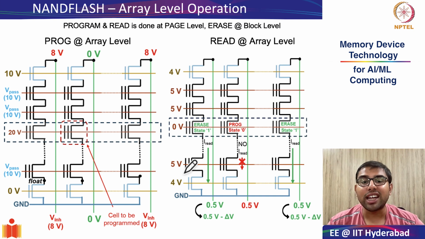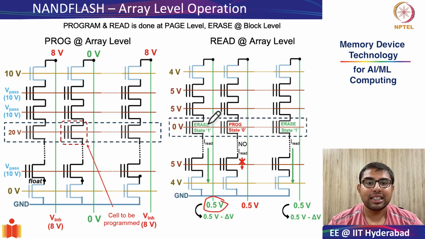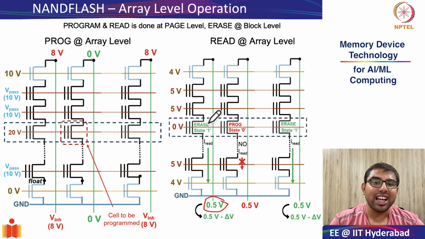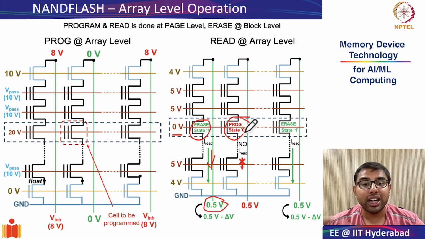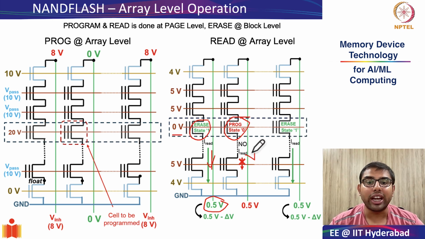How was the read finally done? All the bit lines were pre-charged to a small read voltage, and depending on whether the cells of the page where you have applied the appropriate read voltage are in erase state or in program state, there was either a read current if it is in erase state, because the transistor is on, or in program state the transistor is off, so there was no read current.